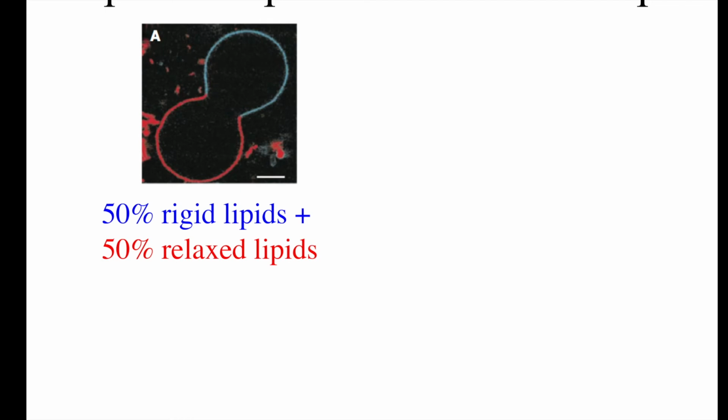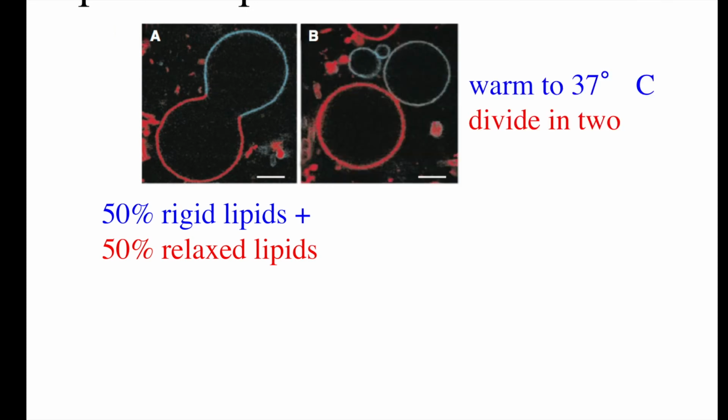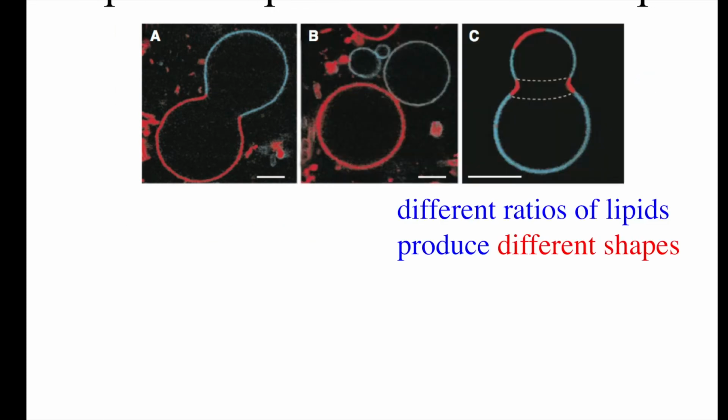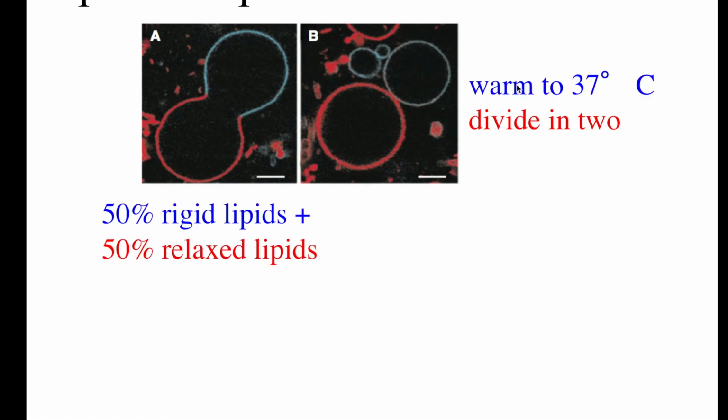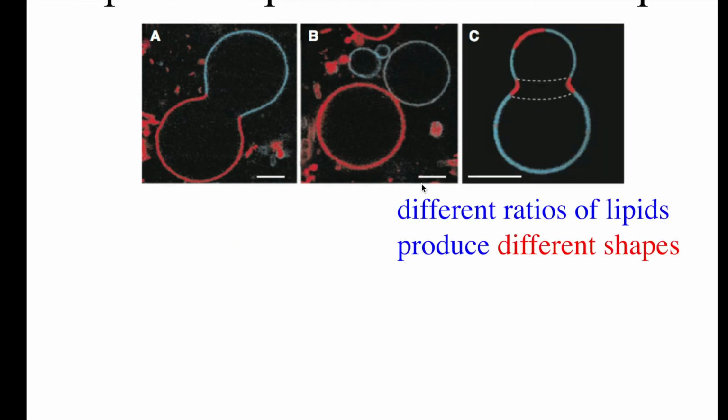And they put them together in different combinations to give different shapes just by changing the lipids. So you can get this shape, you can get these shapes. Notice it said warm to 37 degrees and it'll divide in two. So temperature also affects the shape of these membranes.